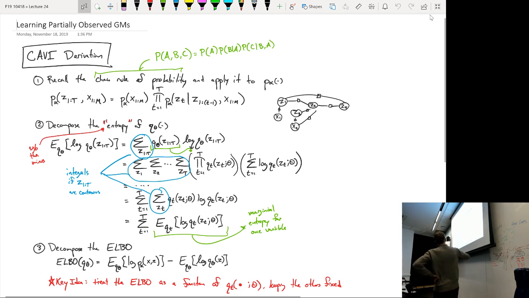So why would we want to even do that? Any thoughts? Why would we even want to treat the ELBO as a function of just one of the q_t terms? Where are we actually going with this? Yeah. Because we're moving one coordinate at a time. Exactly. We're developing a coordinate ascent algorithm.